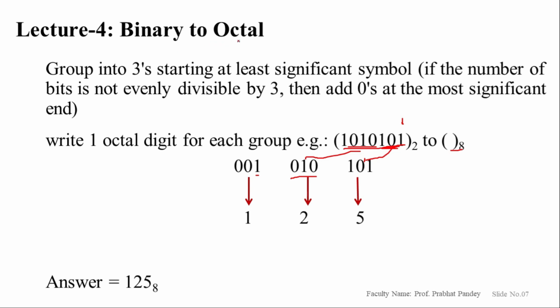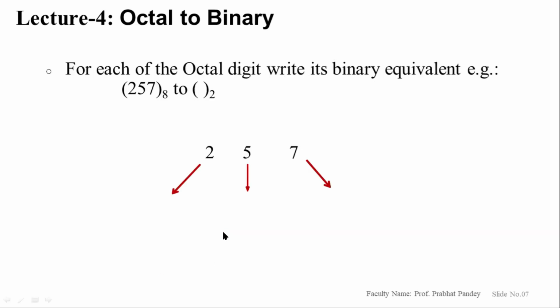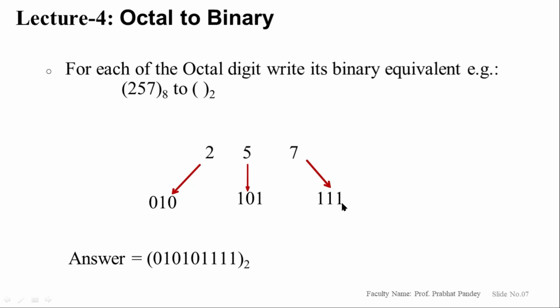Similarly, we often require to convert an octal number into binary. For example, we have 257 octal to convert into binary. We need to write 7 in 3 bits, which is 111, 5 as 101, and 2 as 010, because here we are dealing with octal and the octal position is third, as we have seen in our table also.